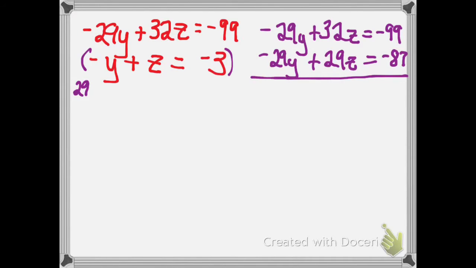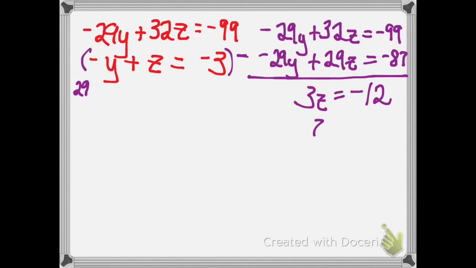So then in order to get my y's to cancel, I have to subtract. So my y's cancel. 32 minus 29 is 3z. Negative 99 minus negative 87 is negative 12.